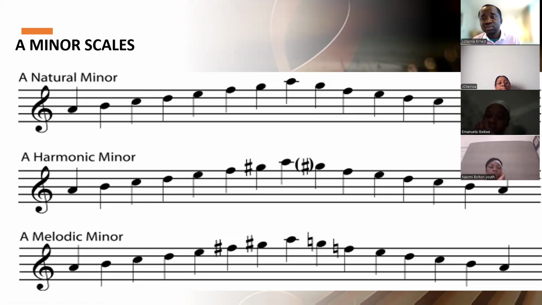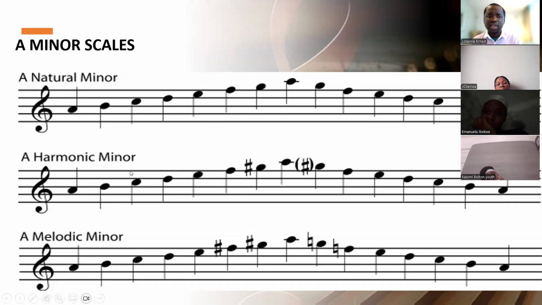So C major, no keys, no black keys. So it's just A to A, nothing. So you have A, B, C, D, E, F, G, A. Then you come down like that again. Same ascending, descending, nothing, because this is just the relative minor of C major.